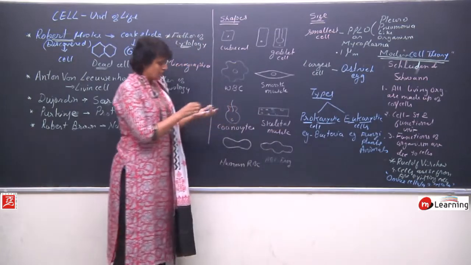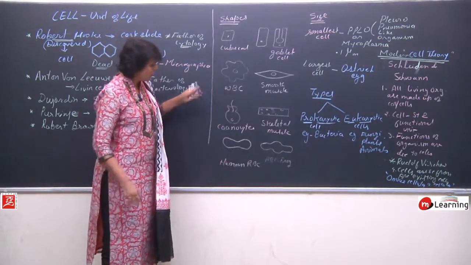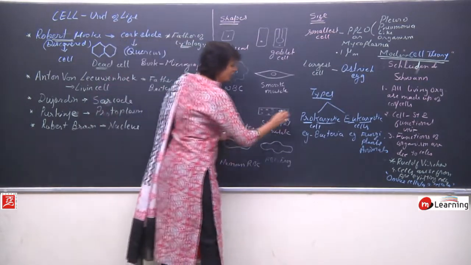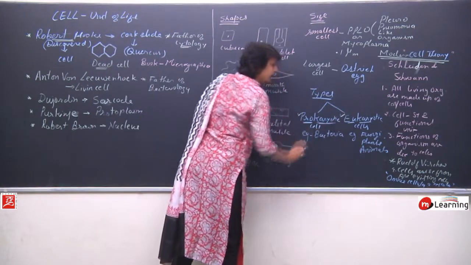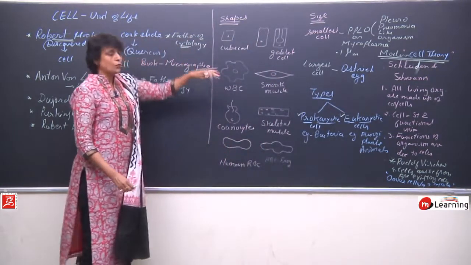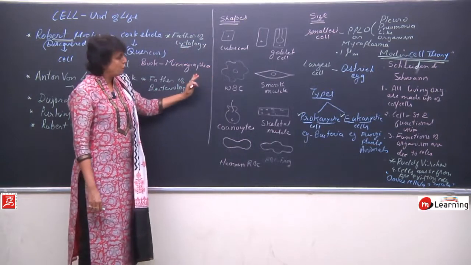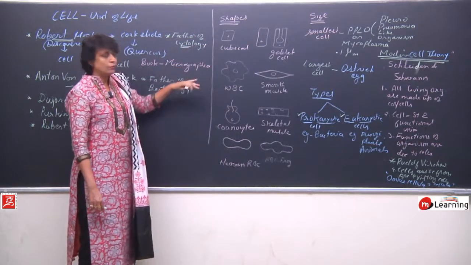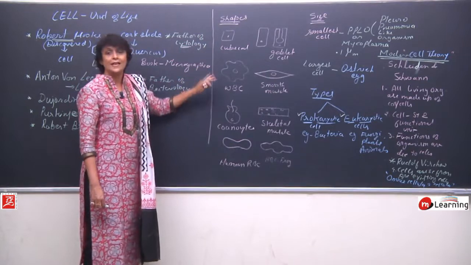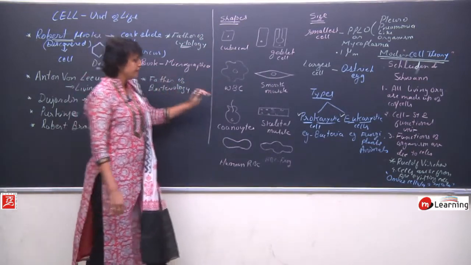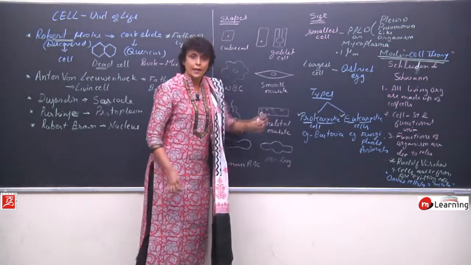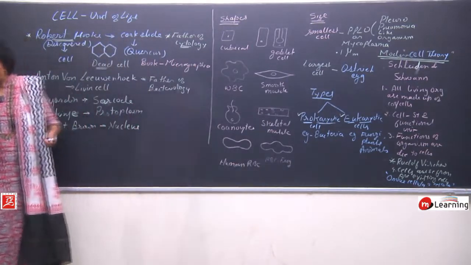Now, in this further part, we would try to see the structure of prokaryotic cell and eukaryotic cells. So, this was just the basic of what cell is and how different shapes, sizes and types of cells exist. So, now let us see the prokaryotic and eukaryotic cells.